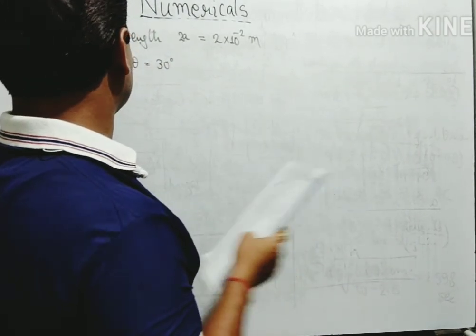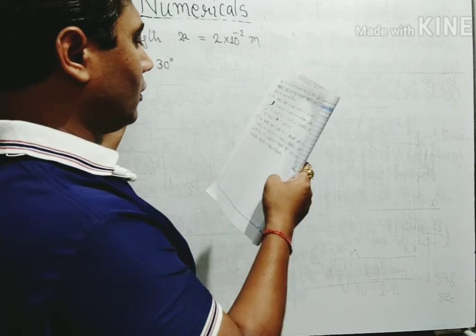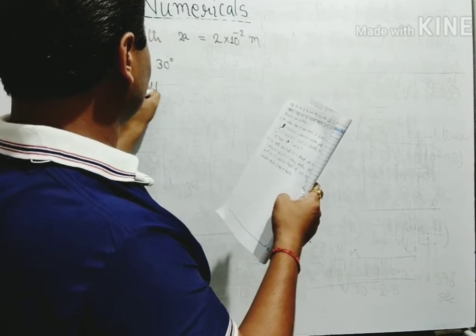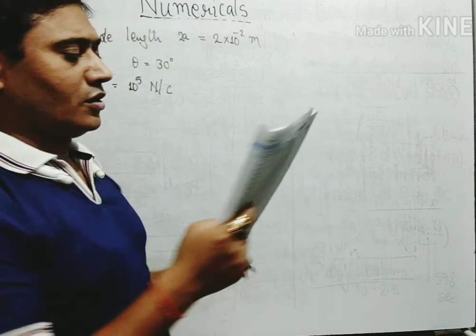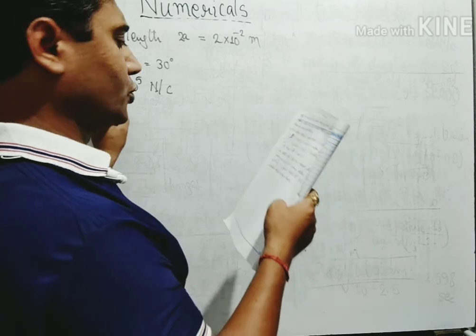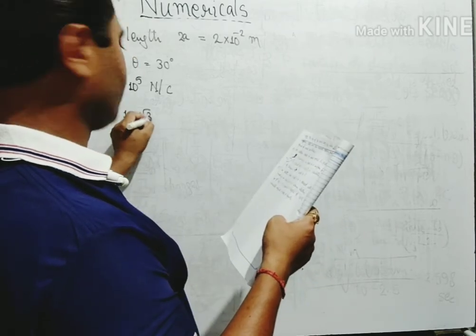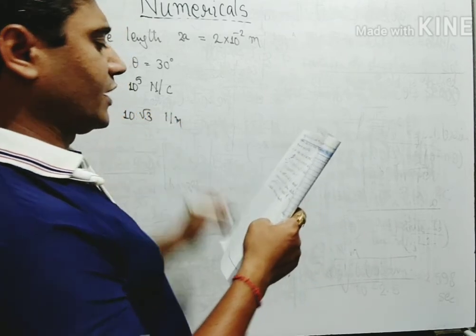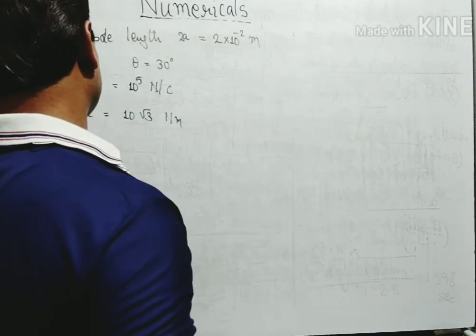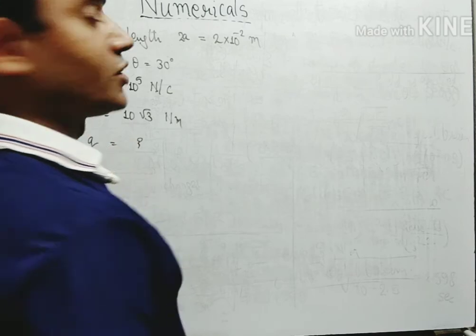Electric field is given to be 10 power 5 Newton per coulomb. If it experiences a torque, torque equals 10 root 3 Newton meter. Calculate the magnitude of charge on the dipole.